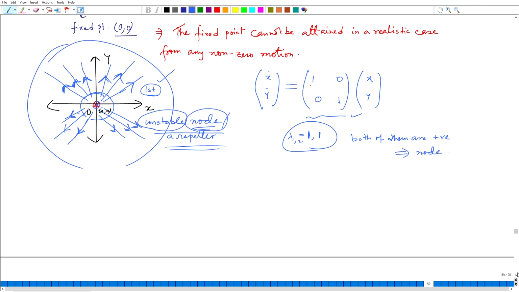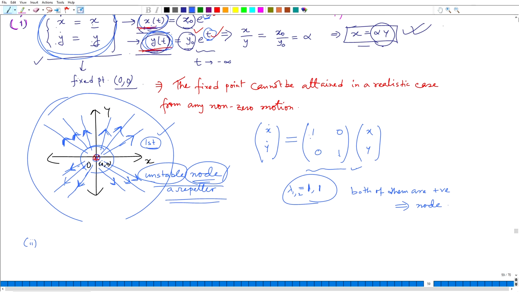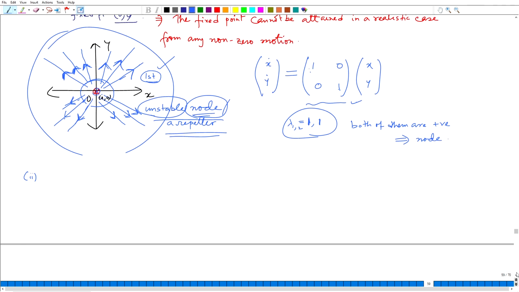Now, one can easily understand that right from this you can intuit what the form of the fixed points will be for this type of system. So, let us say I am now taking x dot is equal to minus x and y dot is equal to minus y.